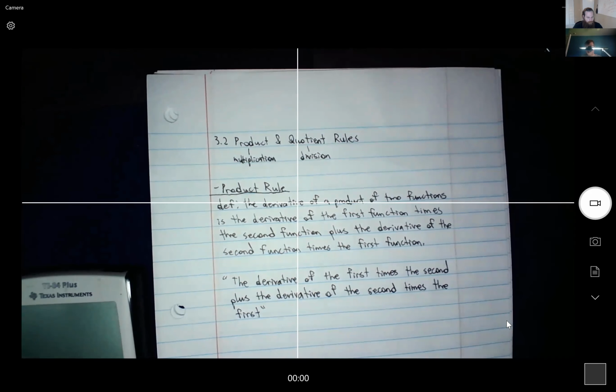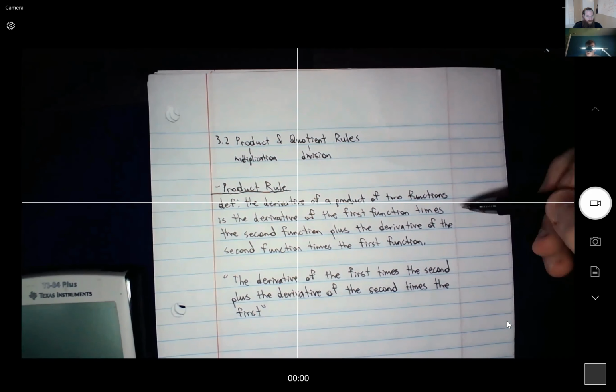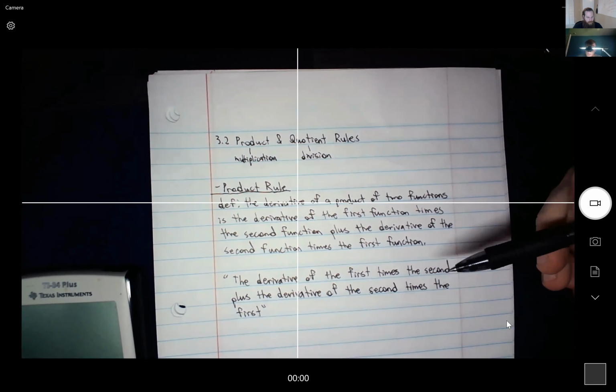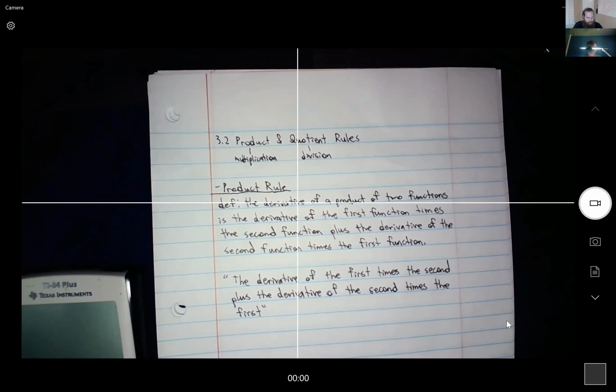It's a lot easier, so I'll give you guys a minute to copy both of those down. This is the easier way to remember it. If you took a calculus class in high school, you probably have heard this mnemonic before.